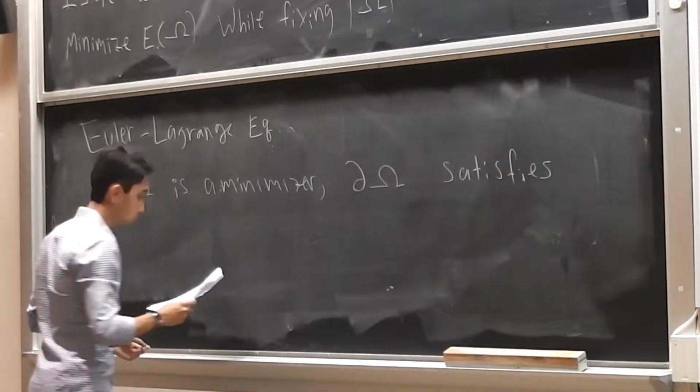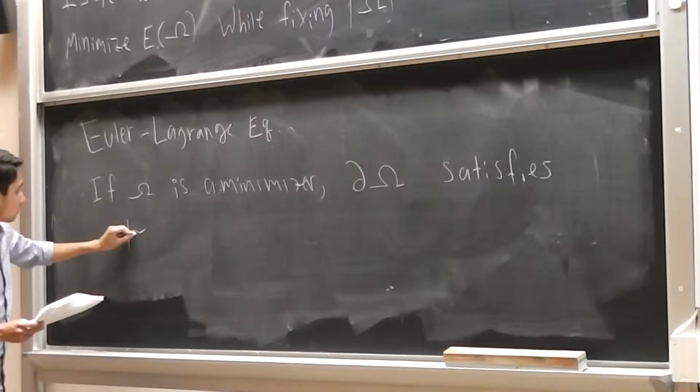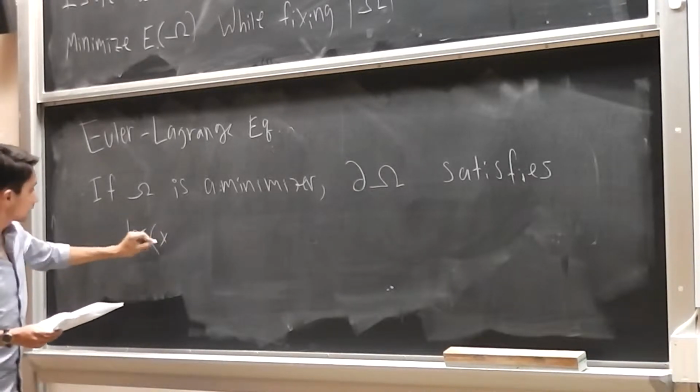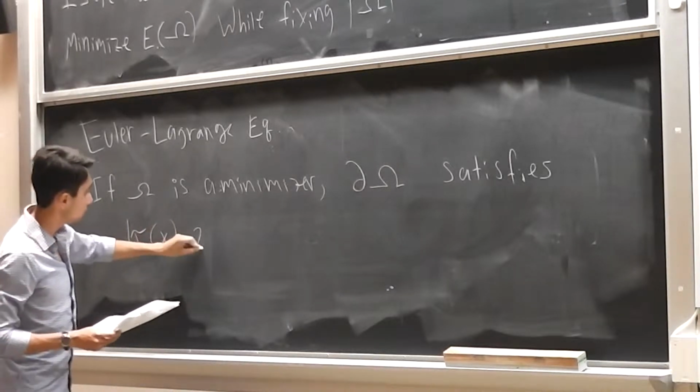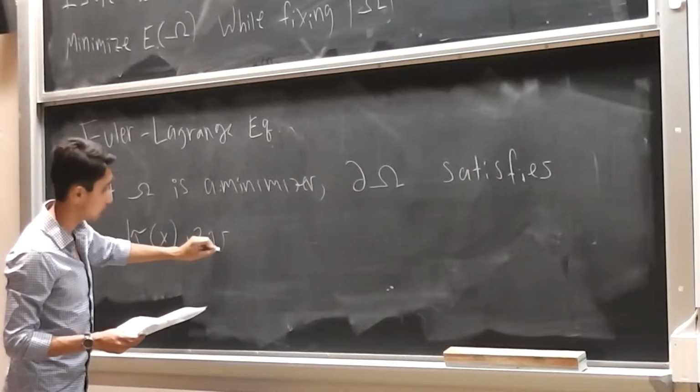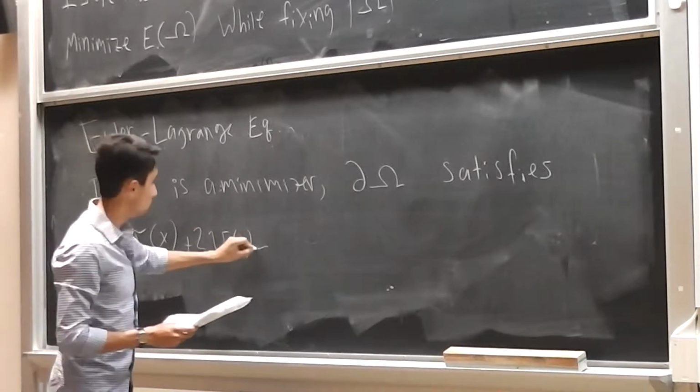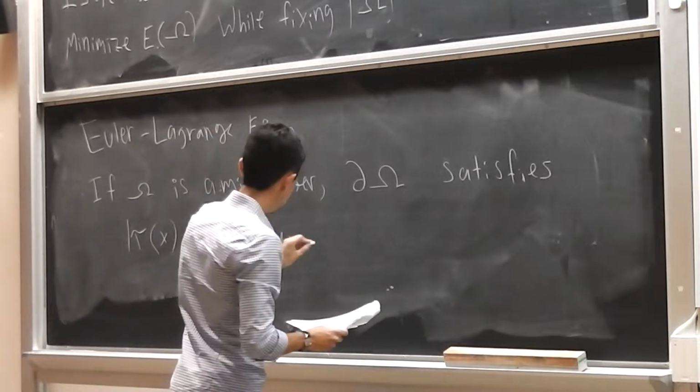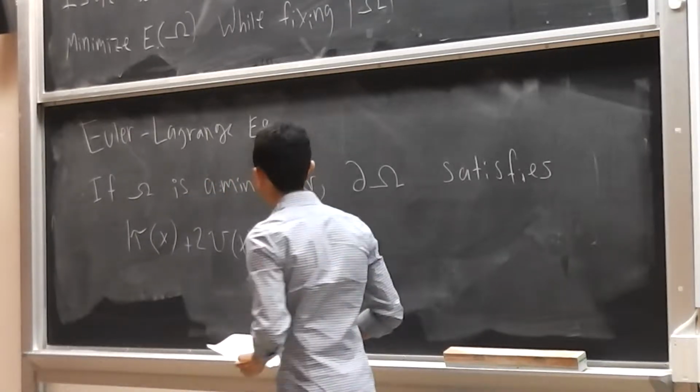So the curvature plus 2 times something, I'll define that, minus some constant equals 0.